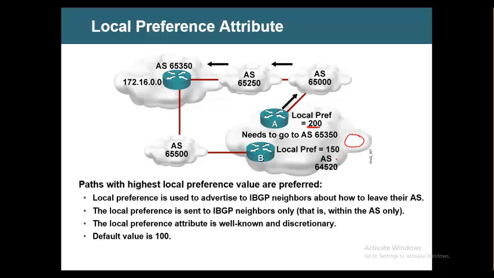How? This attribute will be advertised to all the routers. You set it on A, it will advertise to C, D. So D and C will know that if I go via B, preference is only 150. If I go via A, the preference is higher, higher is preferred.